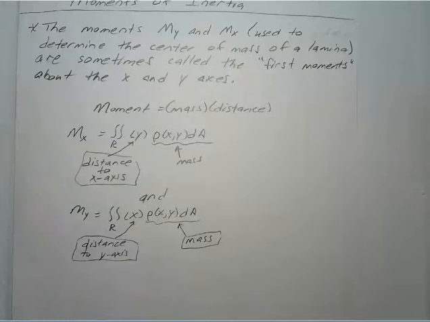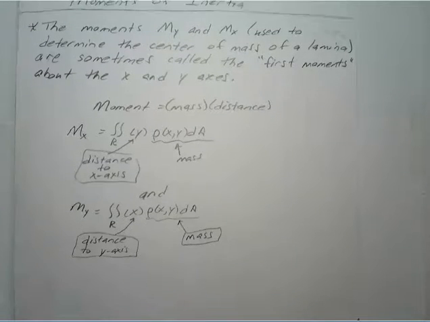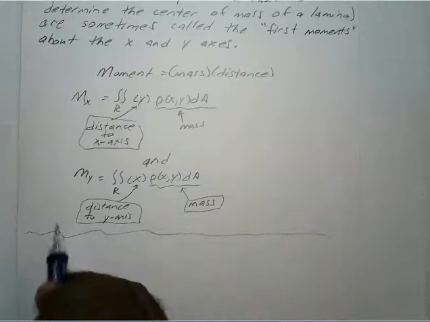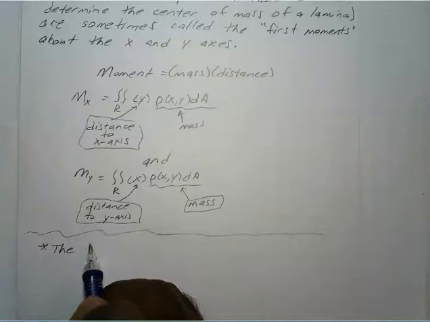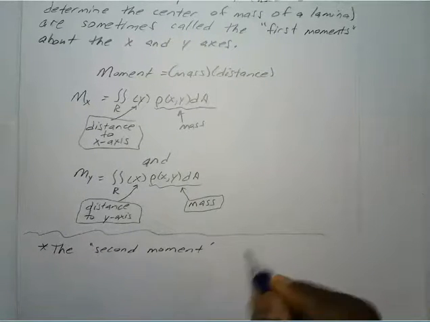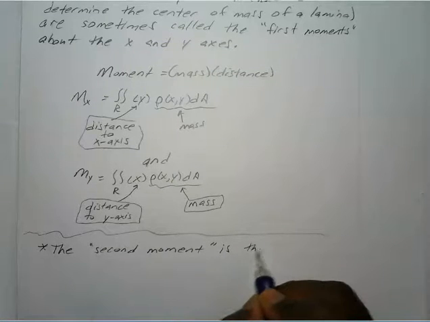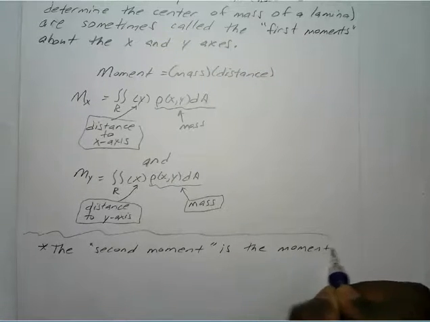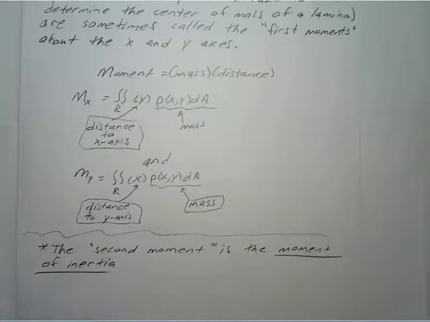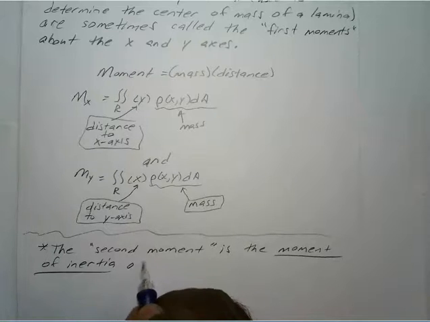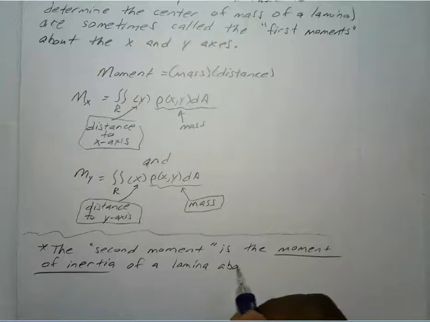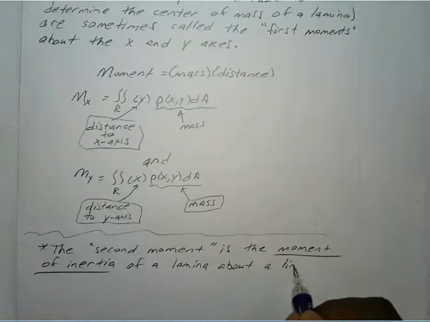Now your second moment is what they call the moment of inertia. The second moment is the moment of inertia of a lamina about a line.